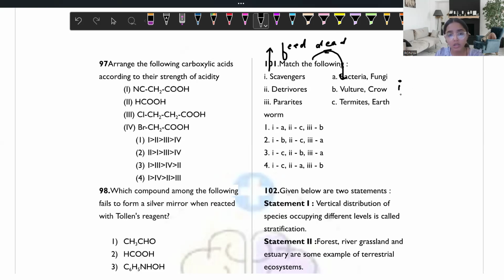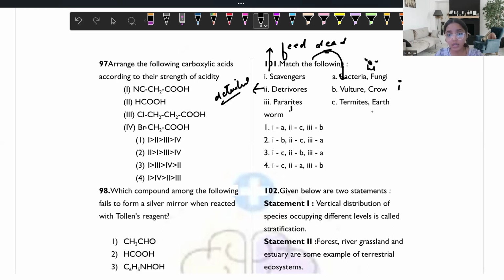Parasites are organisms which reside on other organisms and take nutrition from those organisms. Examples for parasites are bacteria and fungi. What are detritivores? Detritivores are organisms which feed on detritus.